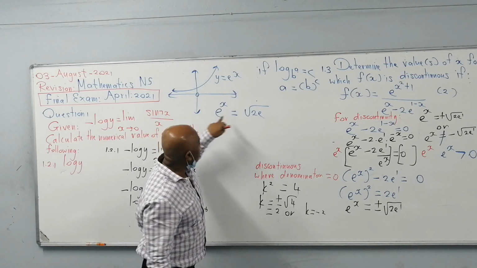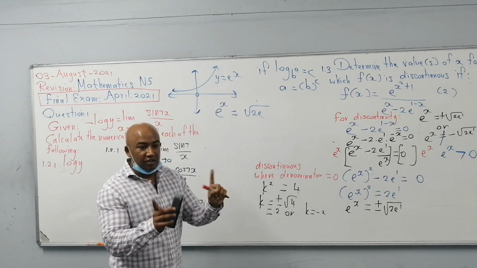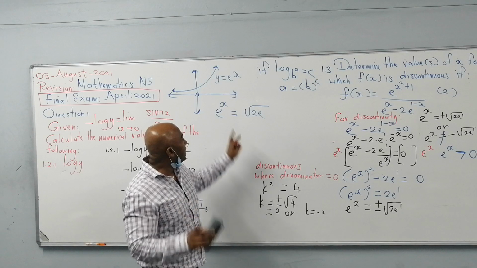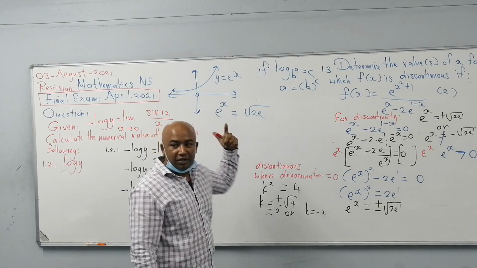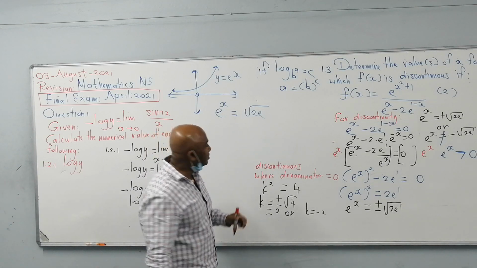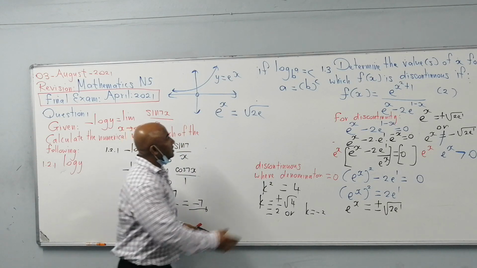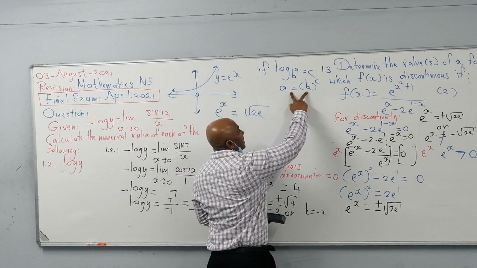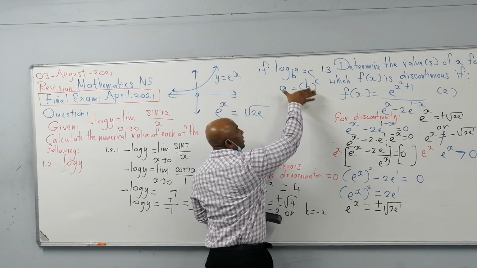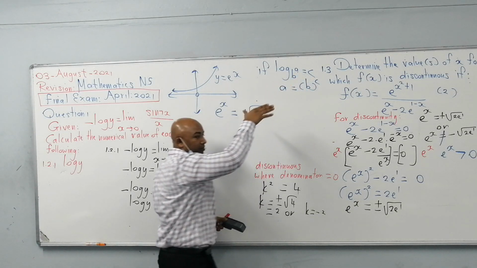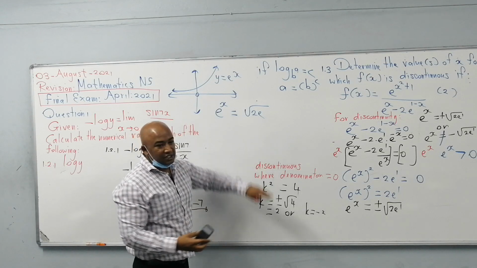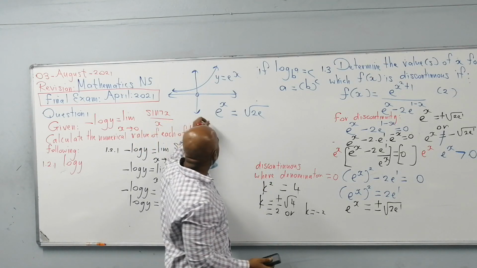So if the bases are not the same, then you introduce logs on both sides. But in this case, we are introducing natural logs because we know that ln of e is equal to 1. Or you can do this here: if you understand, in one step, you can convert from exponential form to log form. But I prefer to do it by introducing ln on both sides, so that's easy to remember.